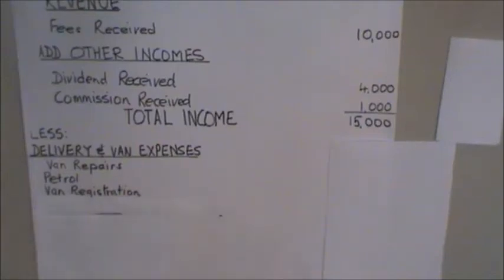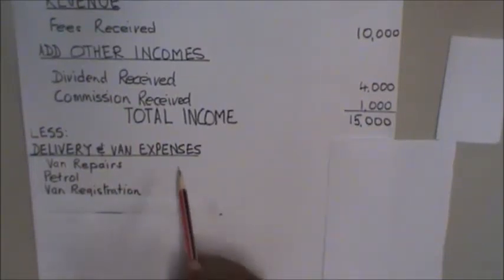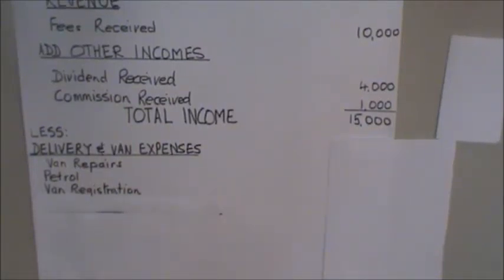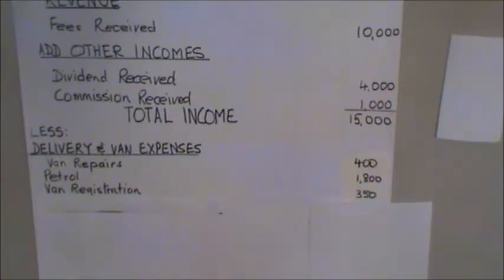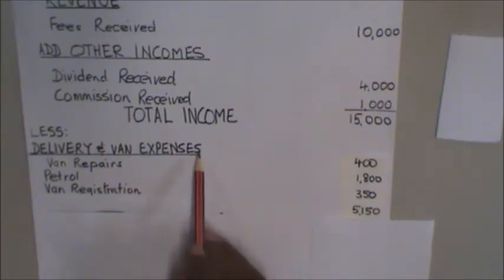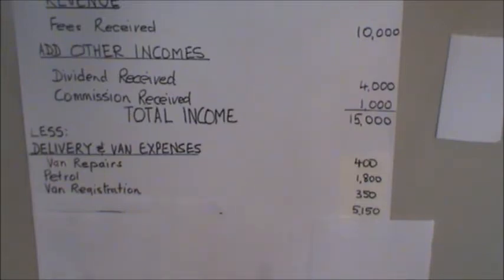You can have some more, but I'll just limit this particular group to 3 of them. We're going to say van repairs were 400, petrol was 1800, and van registration was 350, and the total was 5,150. That's for the delivery van expense total.